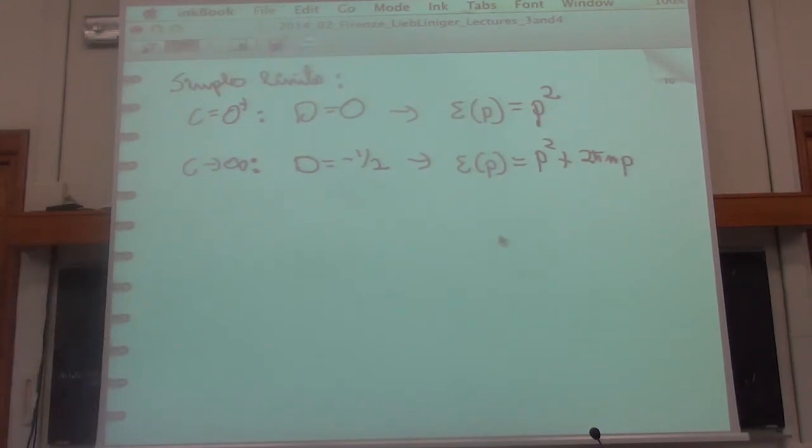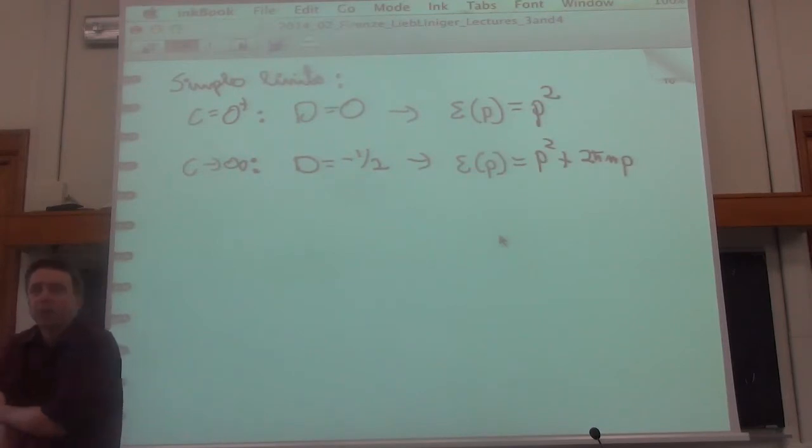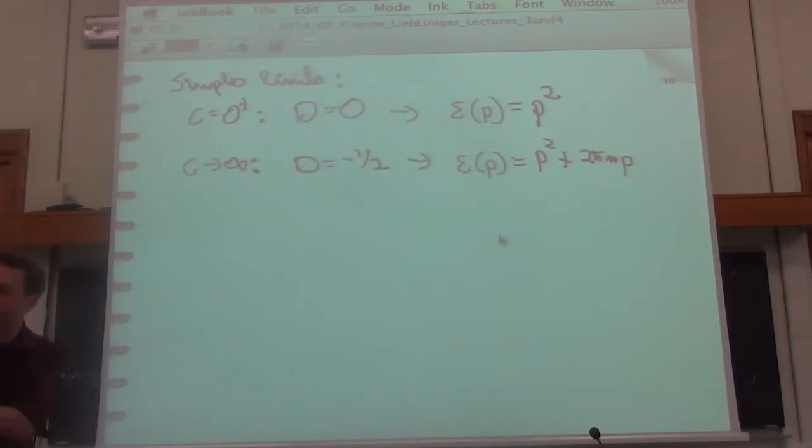Okay, so you see essentially that when you go to the Tonks-Girardeau limit, you kind of recover some Bogolyubov type dispersion relation for your excitations. Okay, so I mean it's not exactly the Bogolyubov square root, but its two leading terms coincide with the Bogolyubov approximation. Okay, so non-interacting particles, free dynamics, energy is p squared.